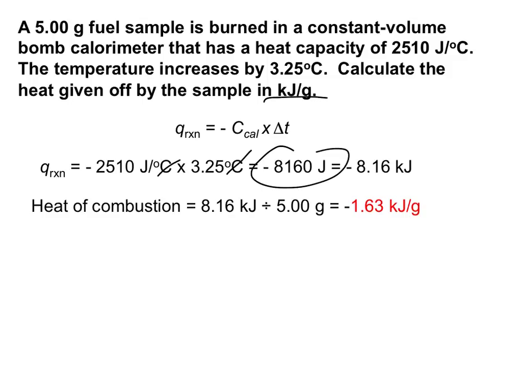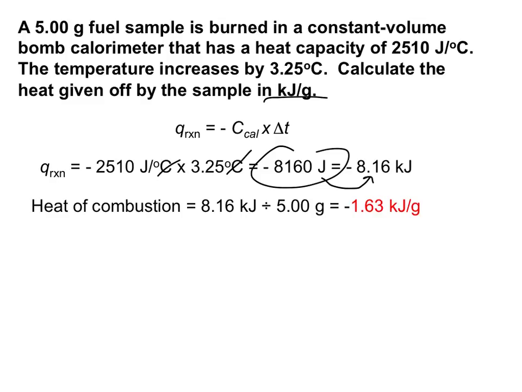Now they want us to calculate the heat given off in kilojoules per gram. So obviously we're going to take our joules and convert them into kilojoules. Pretty straightforward there. Now they want us to calculate the heat given off for this reaction. This is a heat of combustion because we've combusted a fuel, but they want us to calculate it based on kilojoules and grams.